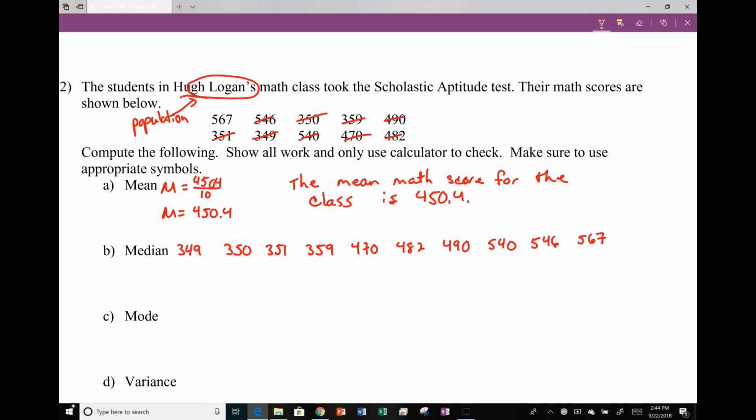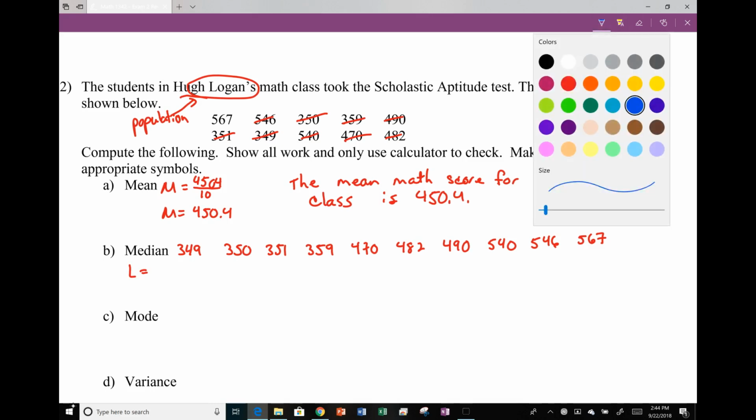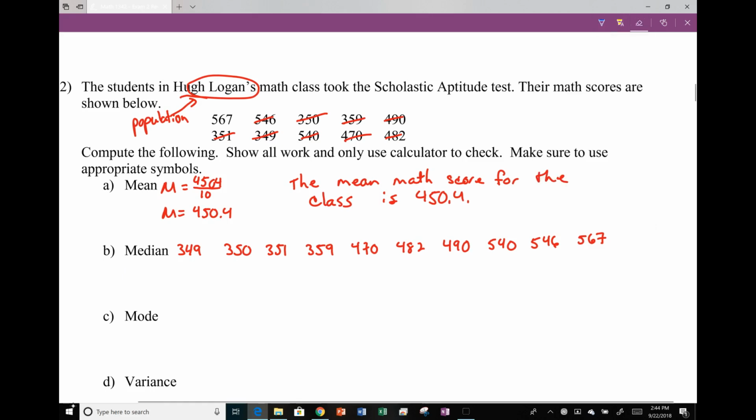So now that we have them all in order, for our median, we're going to find the location. Let me change colors here because otherwise we're going to get things looking the same. So our location for the median is halfway times our 10. So that is 5. It's a whole number, so I take the 5th and the 6th. So 1, 2, 3, 4, 5, and 6.